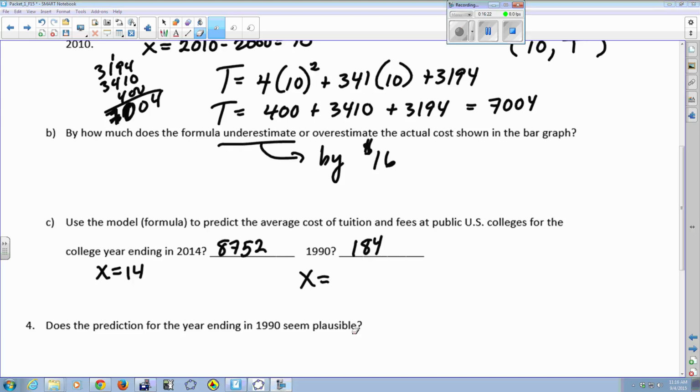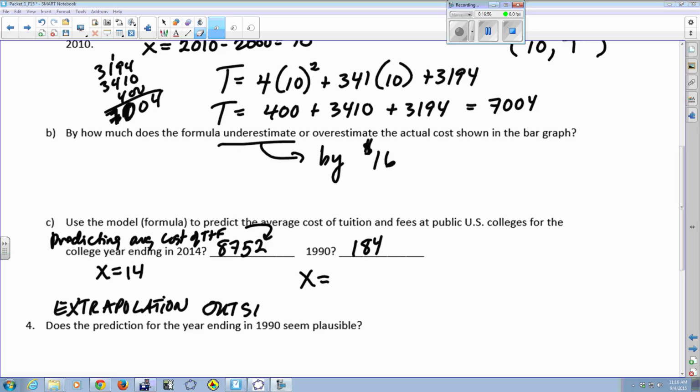So the first question is about the college year ending in 2014. Since 2014 goes into the future from our data set, we call this extrapolation. This is a prediction. You are predicting the average cost of tuition and fees. It's called extrapolation because it's outside the range of your data.